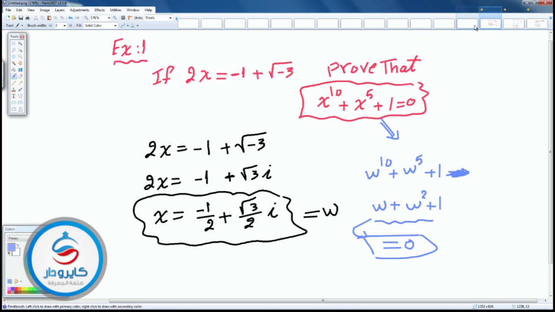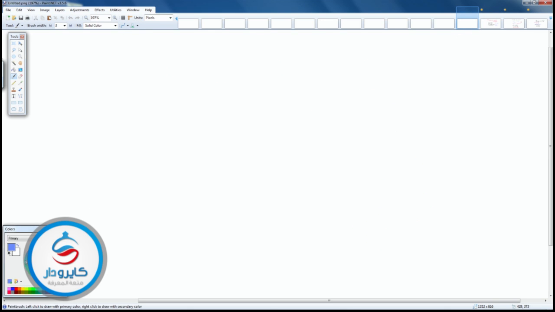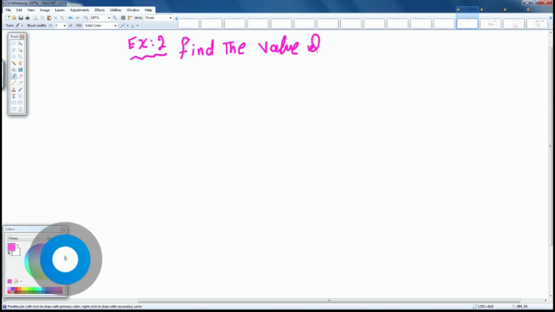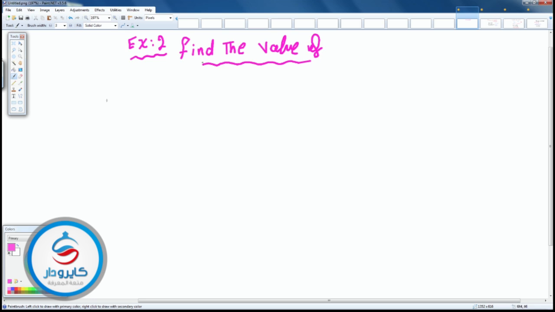Clear? Thank you. Let's move to example number 2. Find the value of, first, 3 plus 5 omega over 3 omega square plus 5.